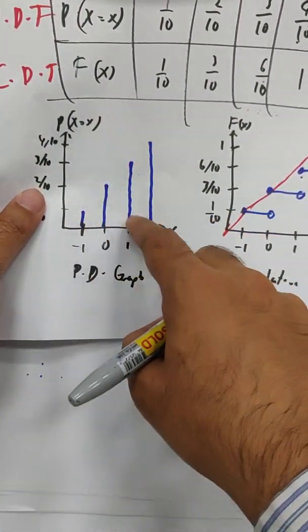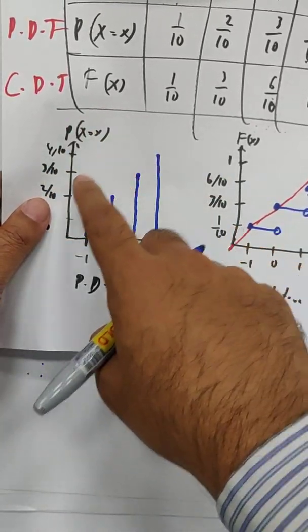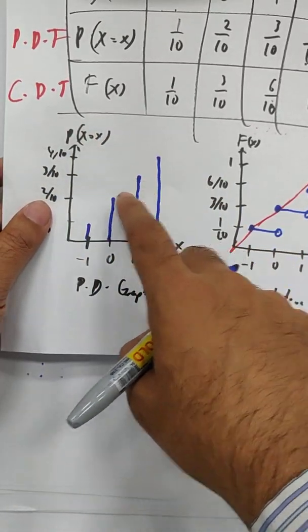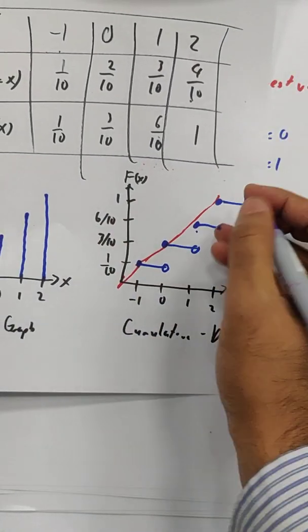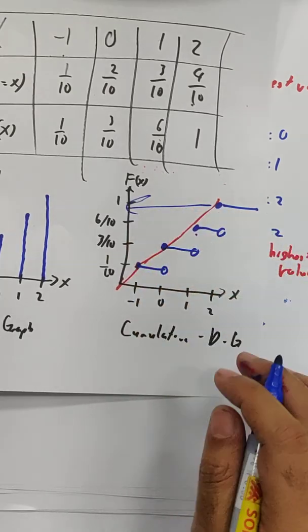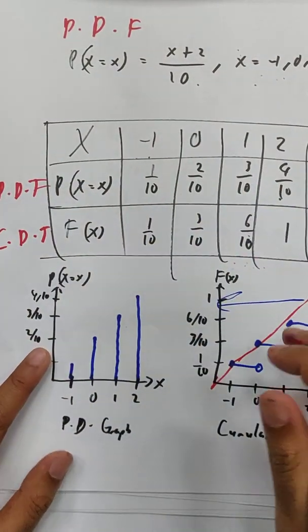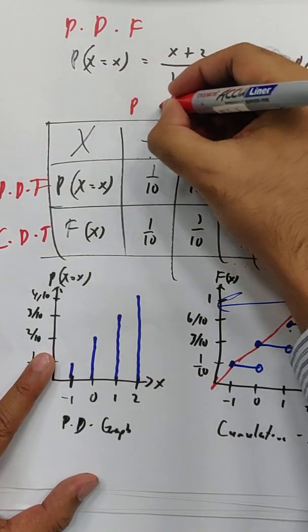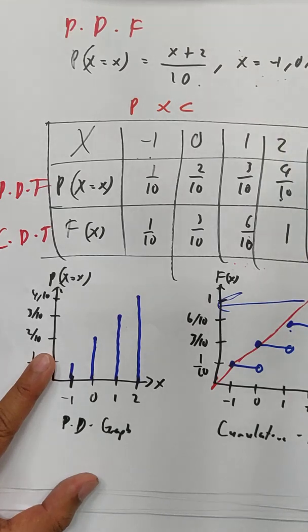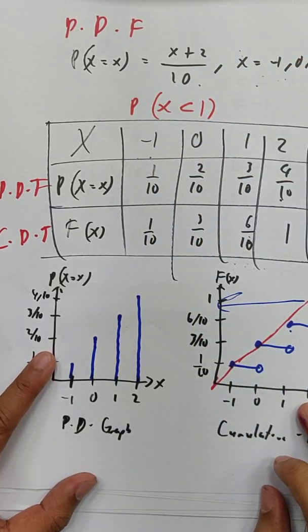Probability distribution is something like this. Where is the one in this case? Where is the one? When I add all things up. Where is the one in this case? Up here, sir. Alright. If I ask you P(X) less than, let's say 1, which one should I take?